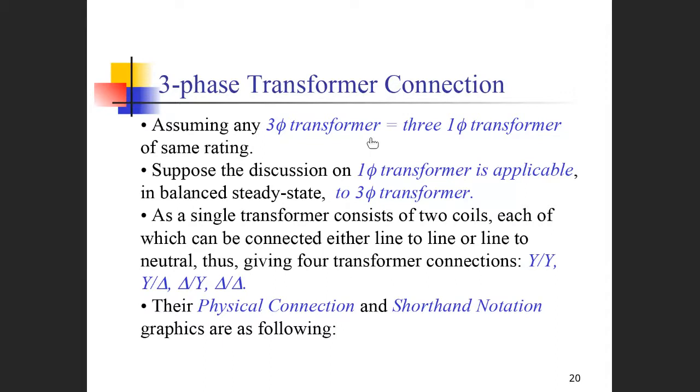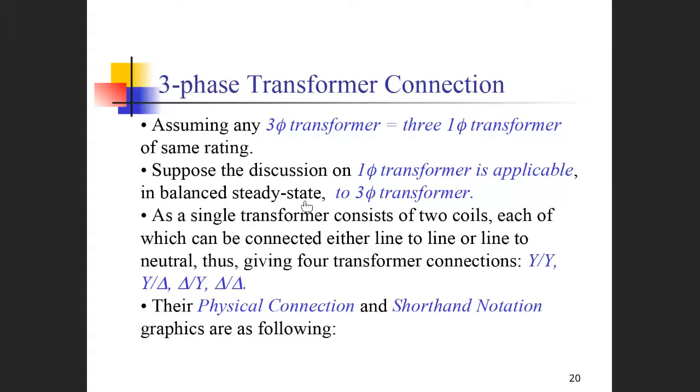Assuming any 3-phase transformer, you can see it as 3 single-phase transformers of the same ratings. Remember this word, same ratings. Suppose that the discussion on the 3 single-phase transformers is applicable. In balanced steady state, the 3-phase transformer can be considered as 3 identical single-phase transformers.